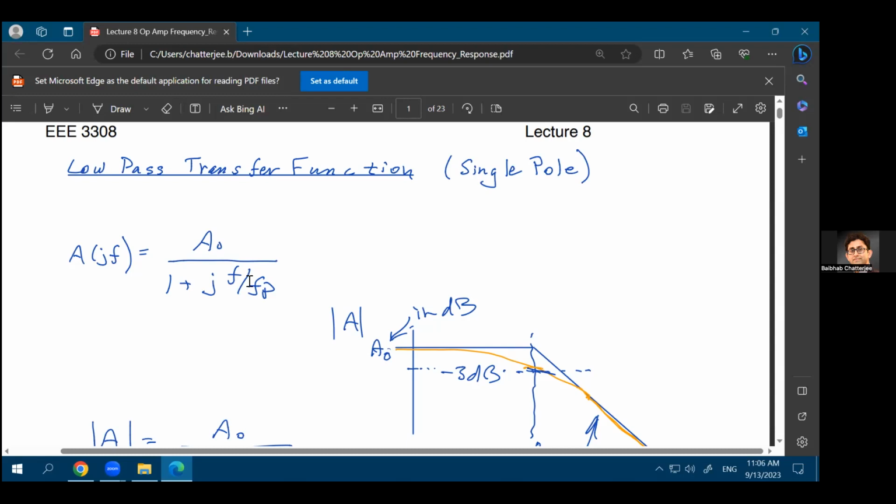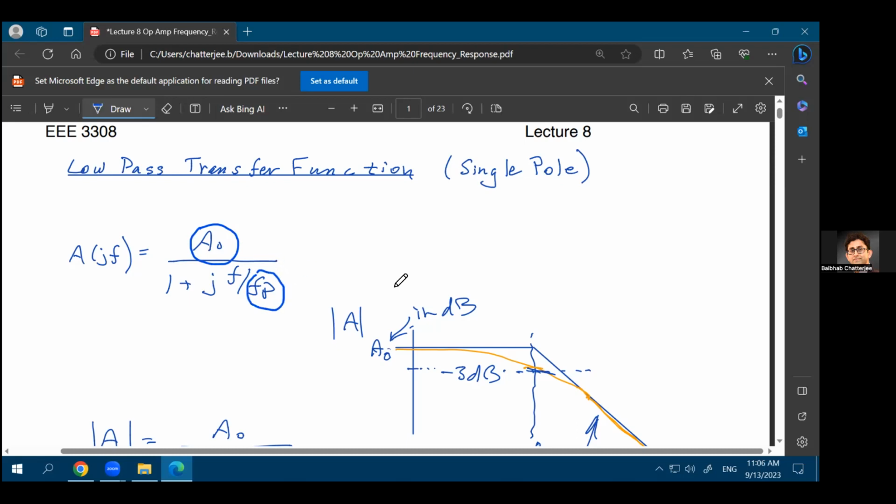So this form that you see on the board and the form that you have in the handout is exactly the same. Why are we representing it like this? Because here you have a very good idea about what is the gain of the amplifier and what is the pole frequency of the amplifier.